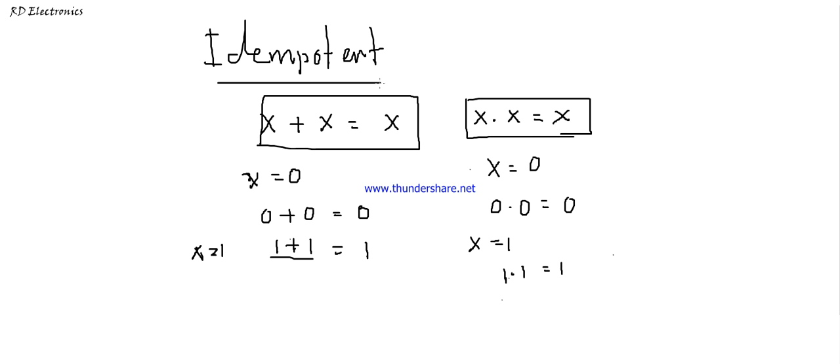The next theorem is known as the Boundedness Theorem. Spelling: boundedness theorem, or it is known as closure of identity elements.